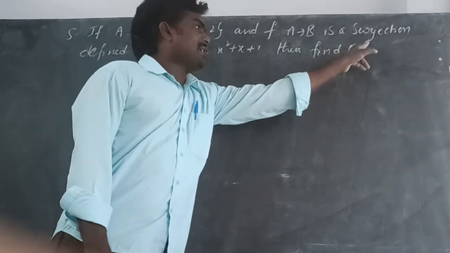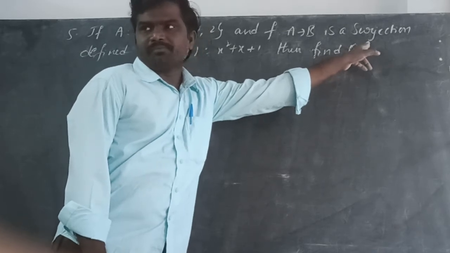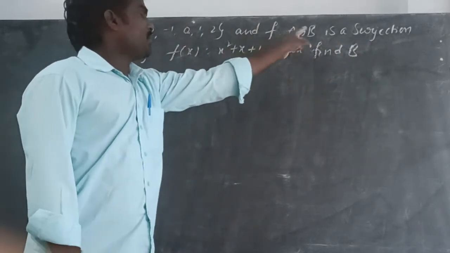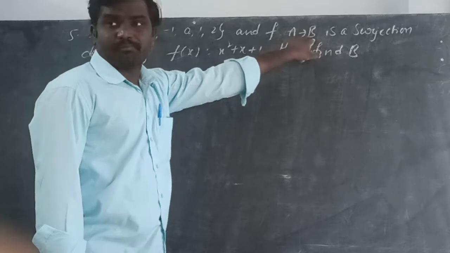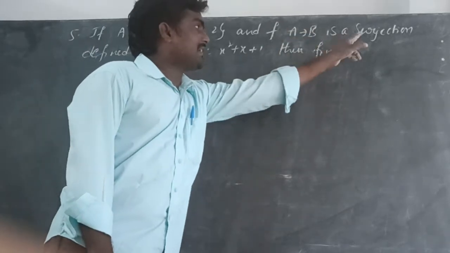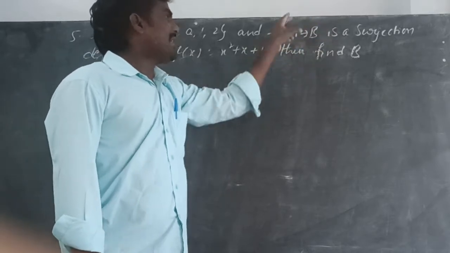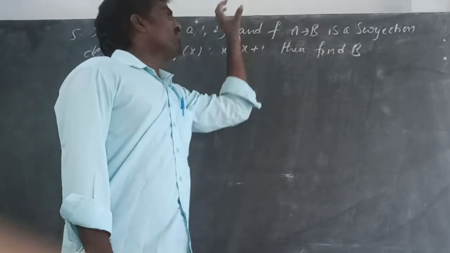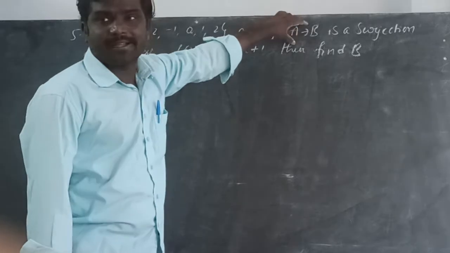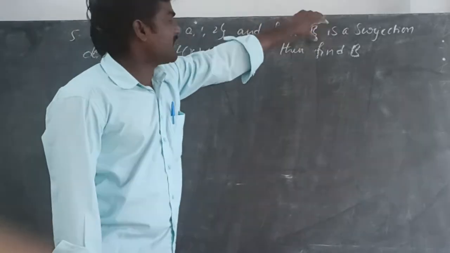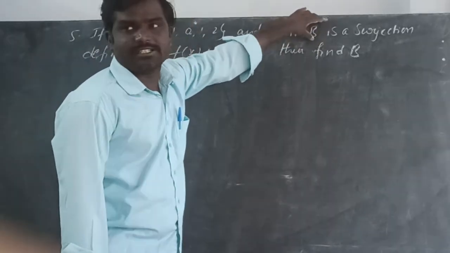B is called what? Range. Okay, actually here f from A to B, A is a domain, B is a codomain. Okay, but which function have they given? That surjection function. That means all the elements of B, the codomain elements, are all mapped with at least one element in the domain. Okay, that means here the codomain is equal to range.